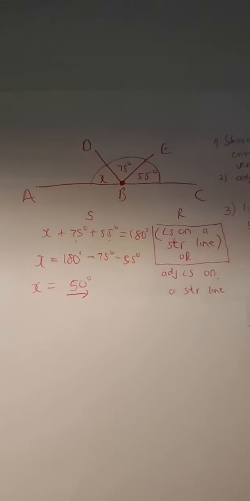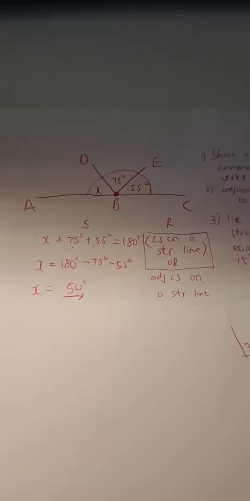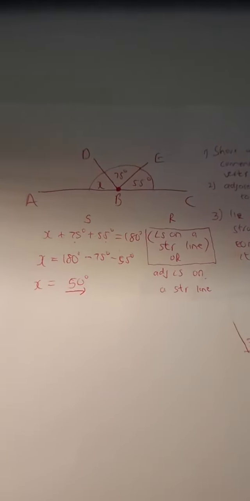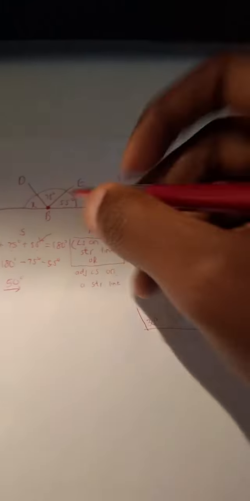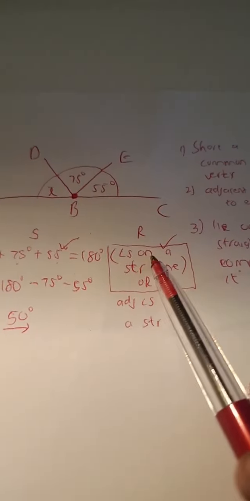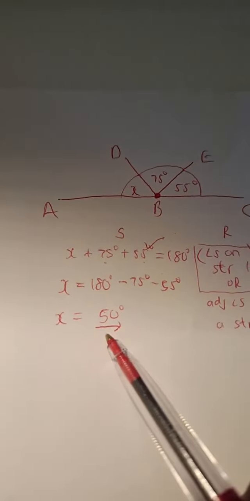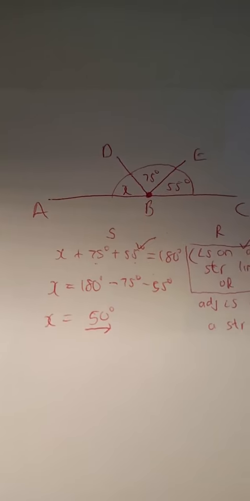All right, straightforward. Okay, so please guys, let us get into the beautiful habit of being able to write our statement and then our correct, appropriate, acceptable reason, angles on a straight line. Okay, and then we solve and we get the value of X, which is 50 degrees.